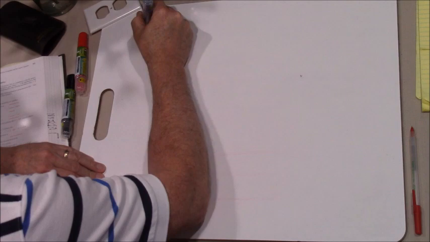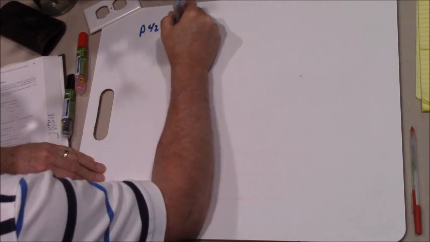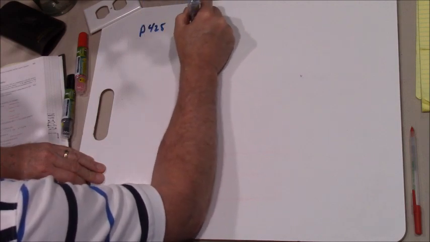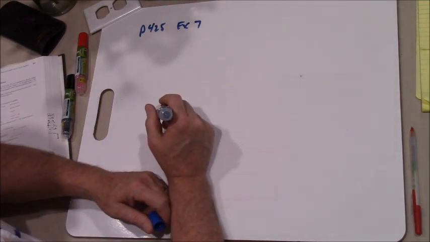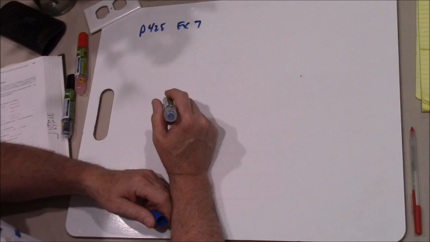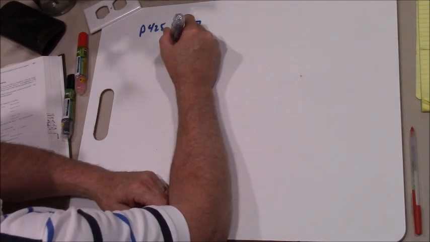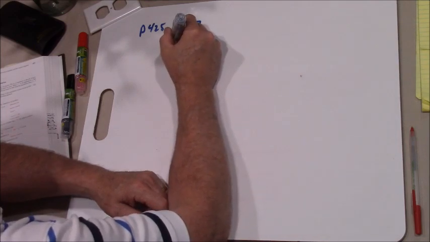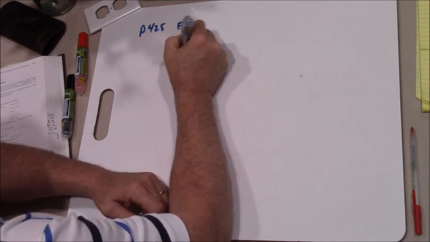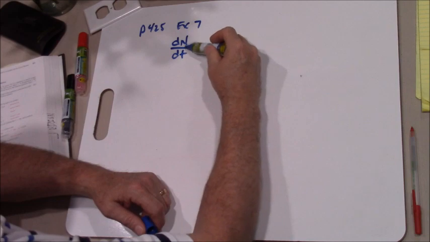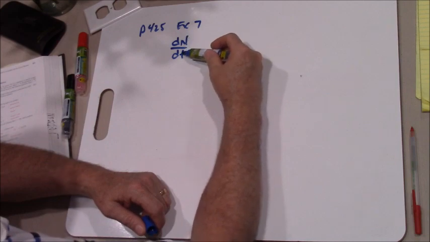Alright, so this is on page 425, example 7. So it starts off, they say that the rate of change of the number of coyotes, so that would be, it's a rate of change, so n prime, or dn over dt. That's how the number of coyotes is changing over time.